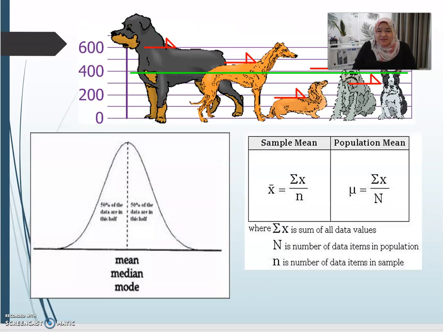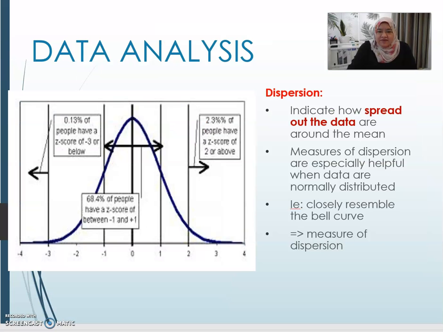So as I mentioned, in a sample, the mean will be represented with this symbol, and in a population, the mean is known as mu. So when we talk about mean, median and mode, normally it will be in a typical bell curve. Why is it called a bell curve?